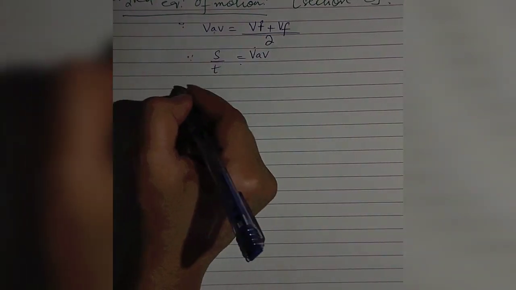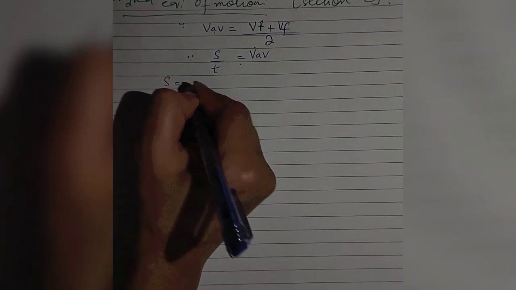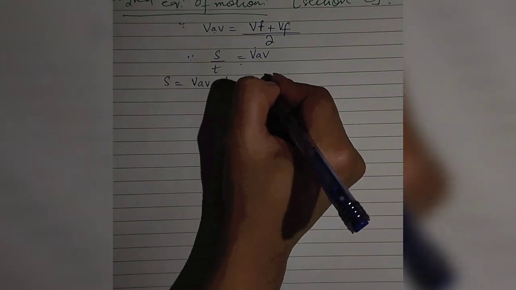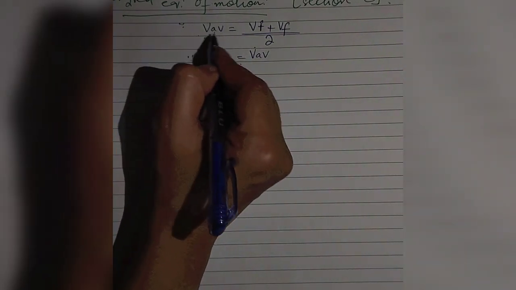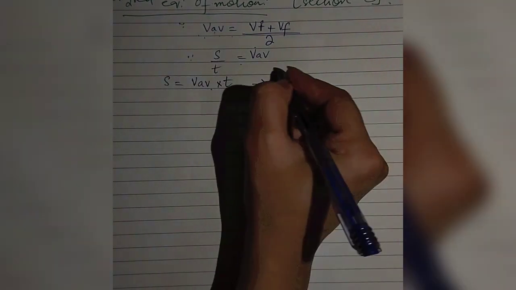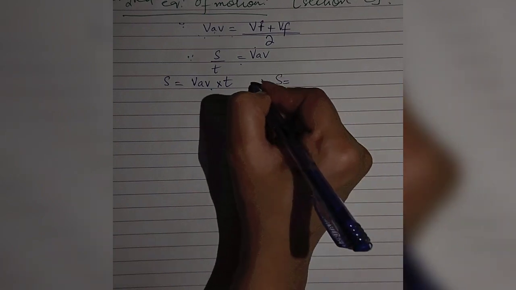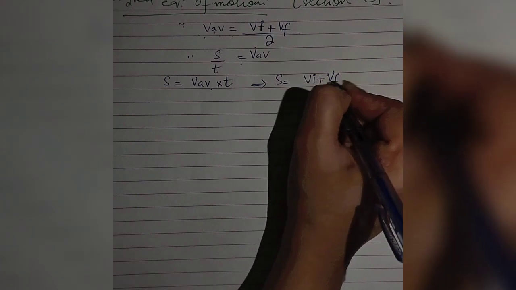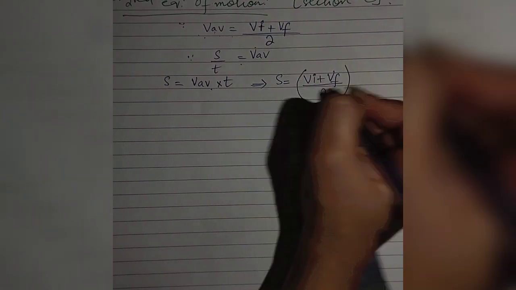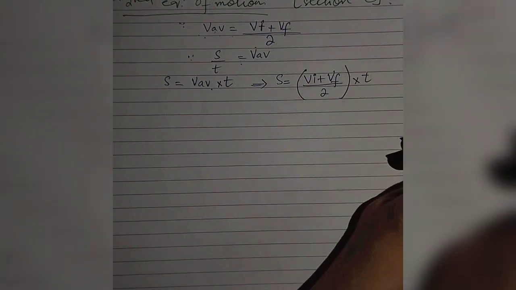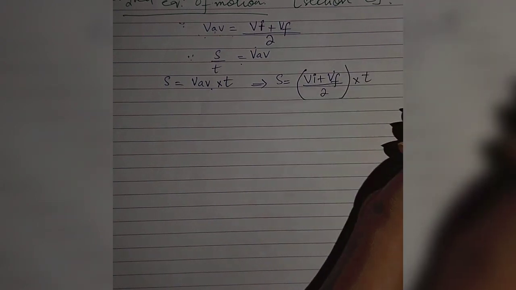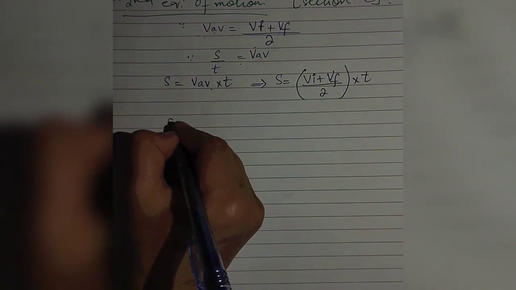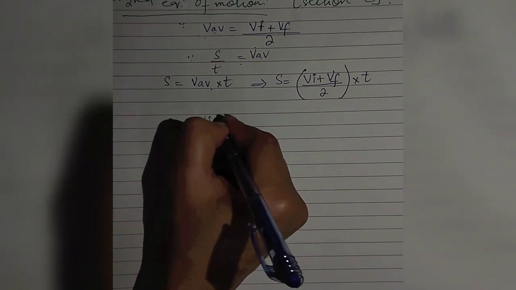S is equal to V average into time t, and further I am putting the average value of velocity in this expression. So S is equal to (Vi plus Vf) divided by 2, into t. This is very simple. Now I am writing it over here again.